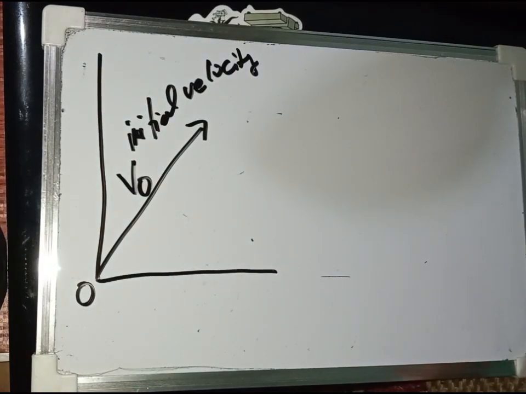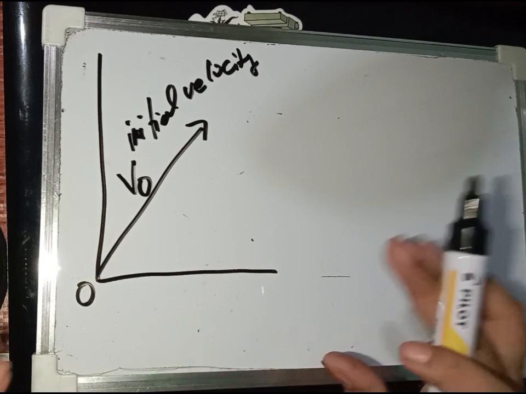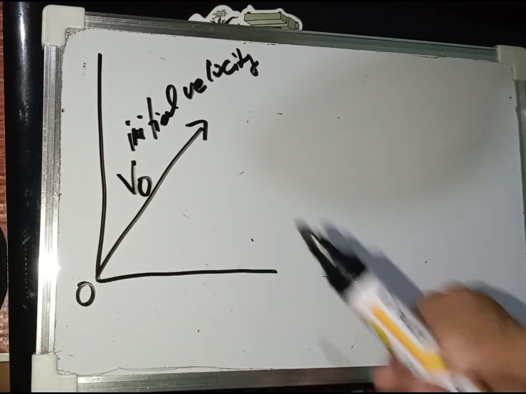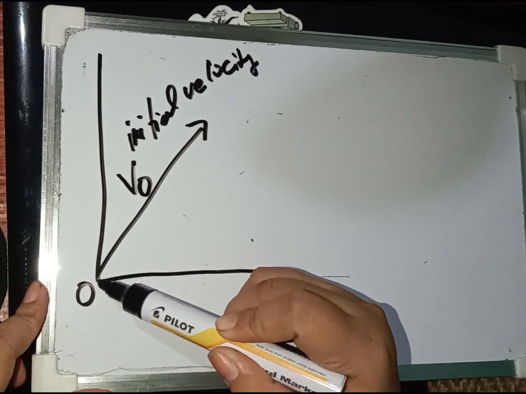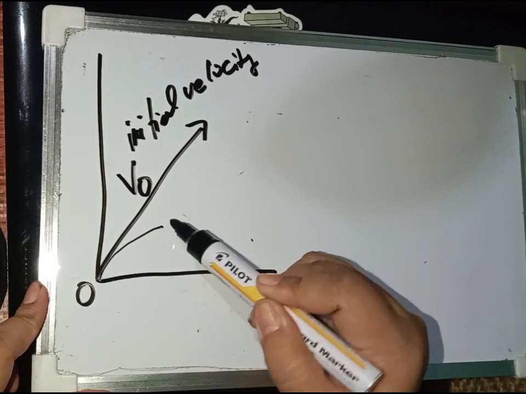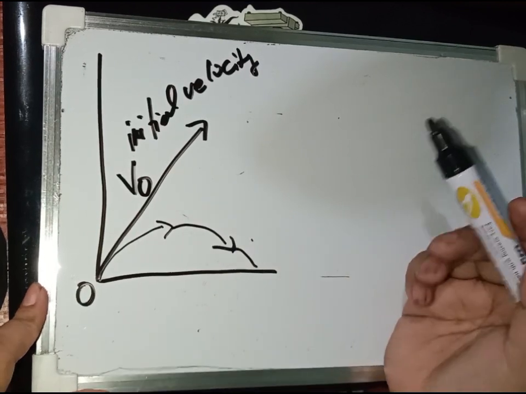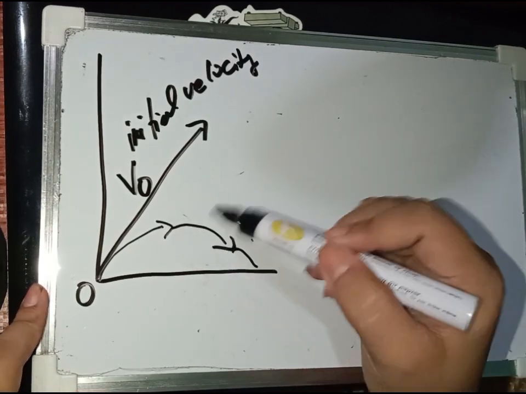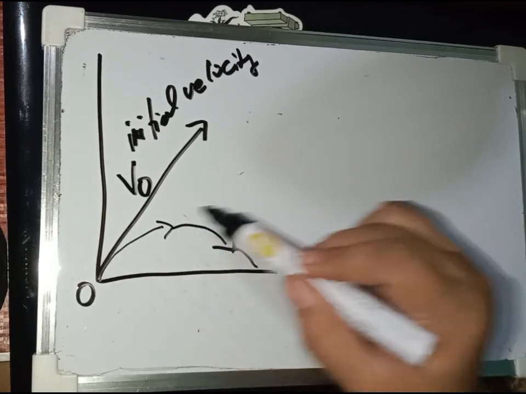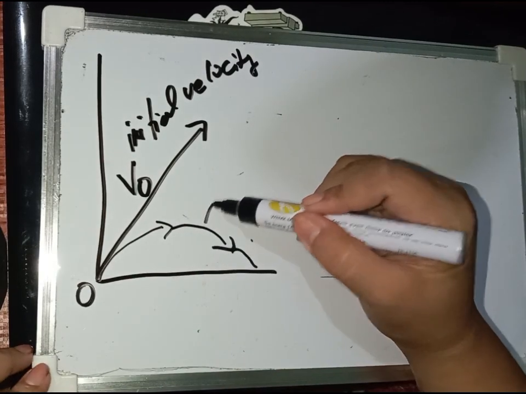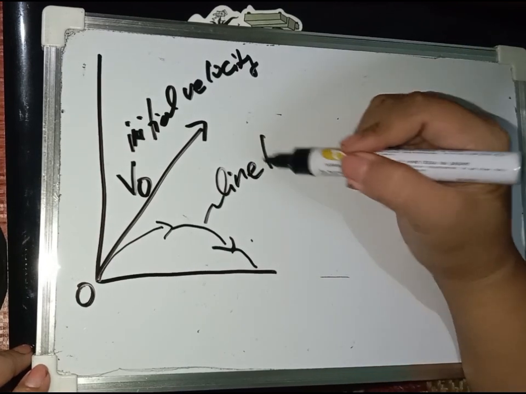All right. But then the object that you kick, let's say the ball, will experience a parabolic path upon projection. So it will experience a curved path upon projection. Now, we call this parabolic path the line of trajectory.